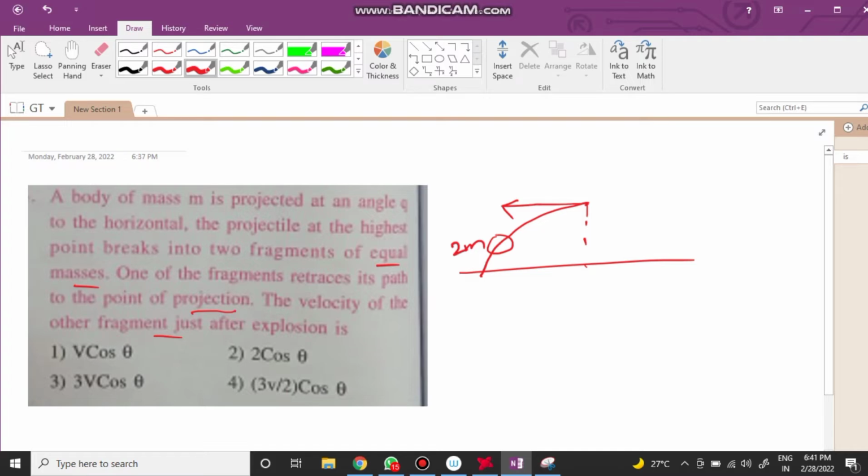You know that if the bomb was projected with u speed, it will have a horizontal speed everywhere as u cos theta. Let us say it is making angle theta with the horizontal. So the initial momentum, P initial, will be equal to P final.